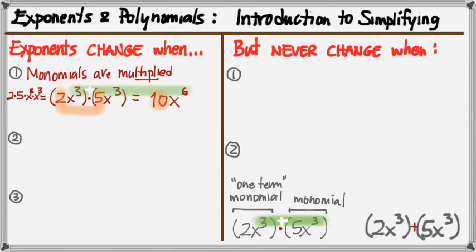And when I do that, I can see that I'm really just asking what is 2 times 5. That's where my 10 comes from. But on the other hand, the real action is right here, where we multiply the x to the thirds together and add the exponents to get x to the 3 plus 3. So the first answer is: exponents change when monomials are multiplied.